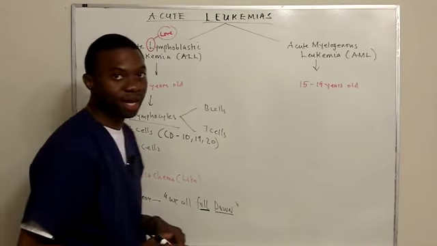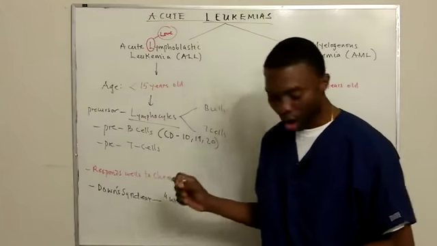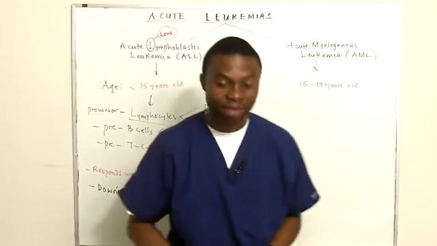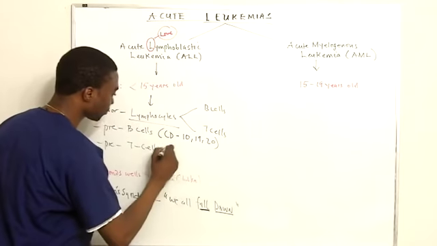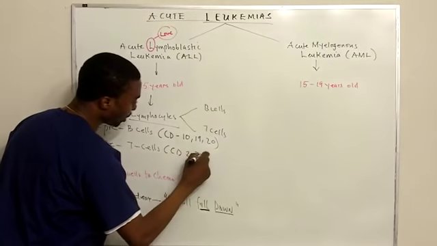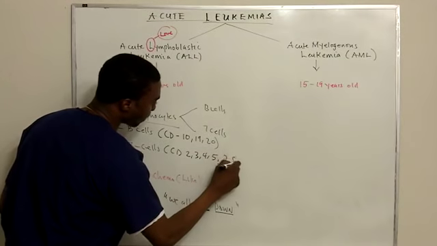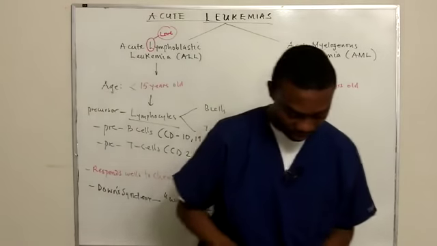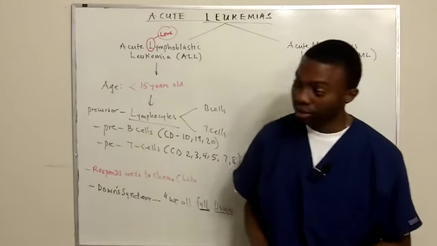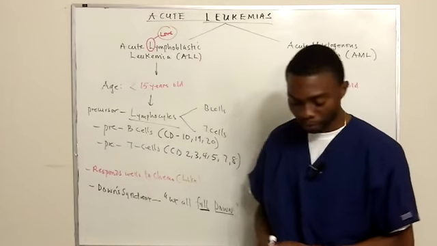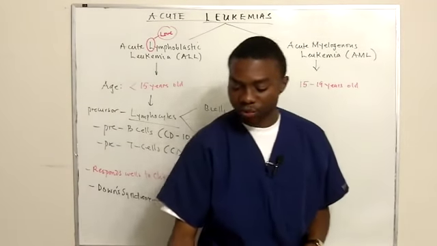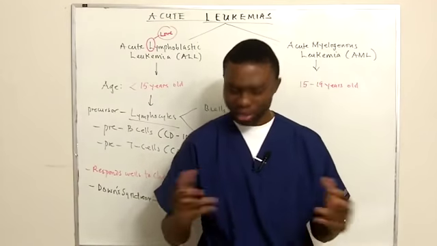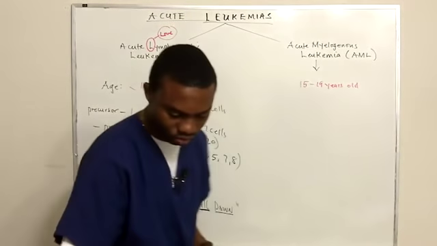And the pre-T cell line cluster designations are CD2, 3, 4, 5, 7, and 8. Those are the pre-T cell lines that are being affected in ALL disease. Also, there's something called TdT positive cells. What are TdT positive cells?